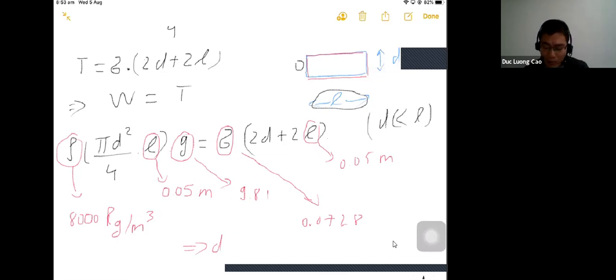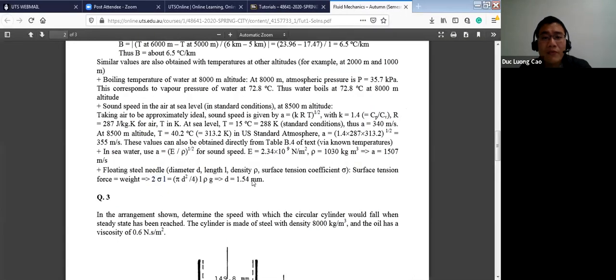But actually, we can add D here. If you see the result, D is only 1.54 millimeter compared with 5 centimeter of the length. So D is very small compared to L.